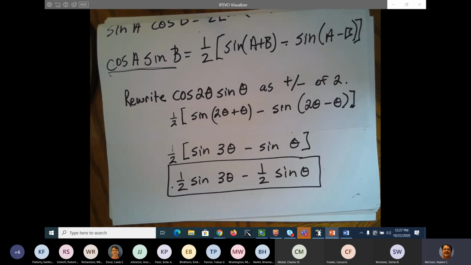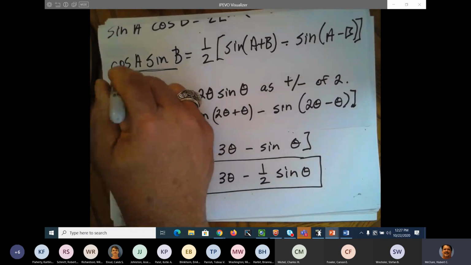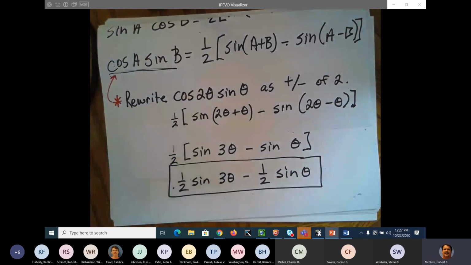So as you can see, half the battle is just matching up which one to use. That's half the battle. And that's the sum to product.